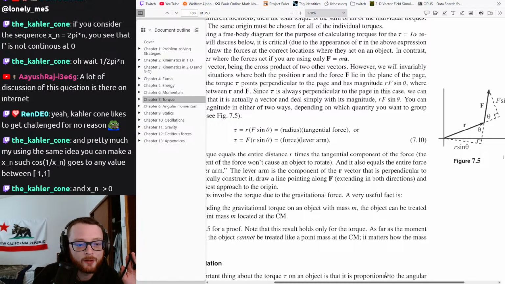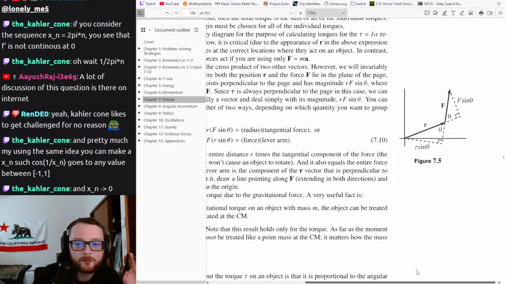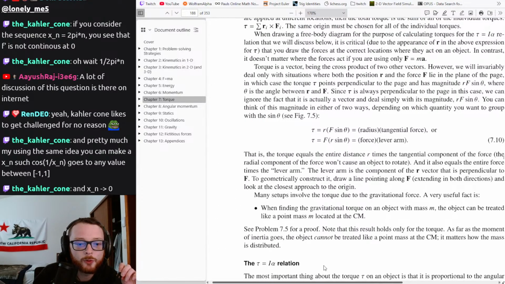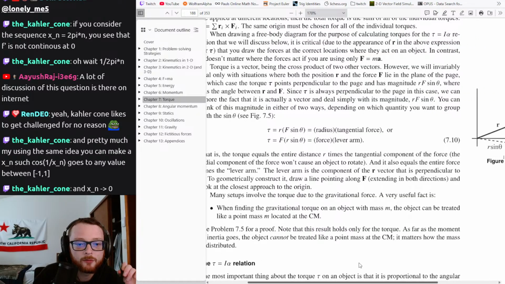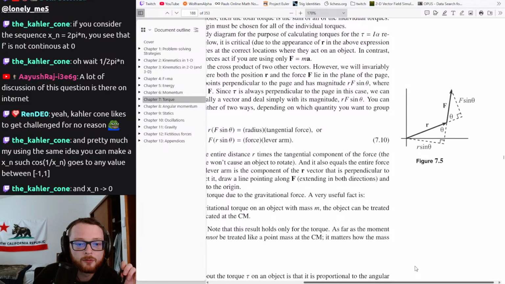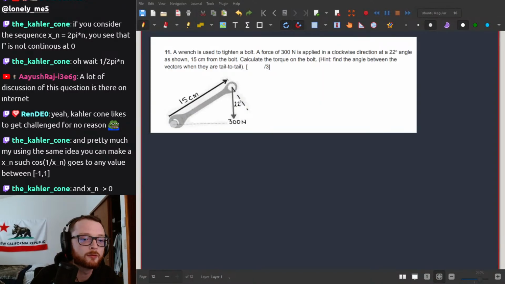Torque is r F sine theta, but what is theta again? Theta's the angle when they're tail to tail. So can we do a dot product to figure that out? No, we don't need a dot product.